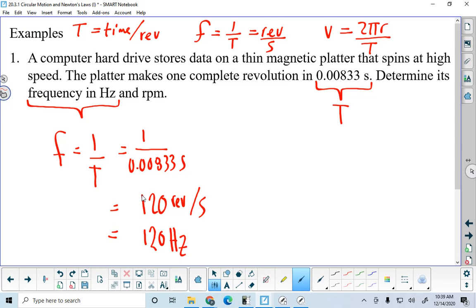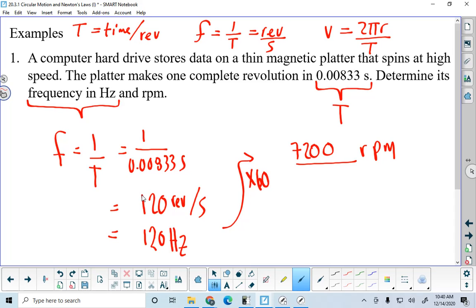Now, sometimes you're asked how many revs per minute, and you just use common sense here. I don't think you need a ratio. If it goes around 120 times in a second, we multiply that by 60, because there's 60 seconds in a minute. 120 times 60, I believe is 7,200.